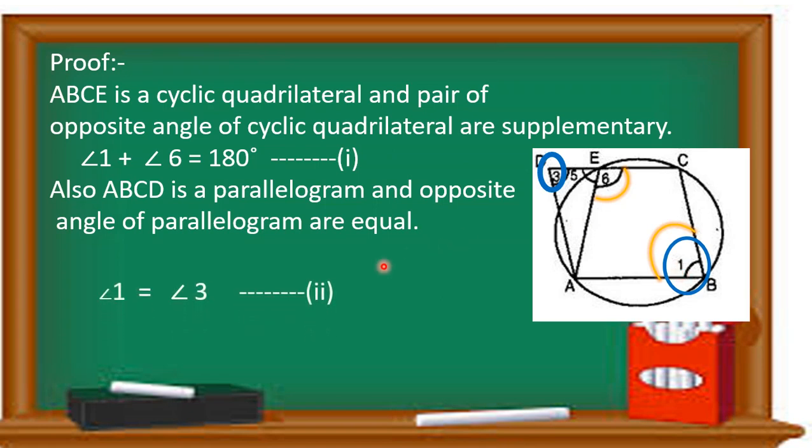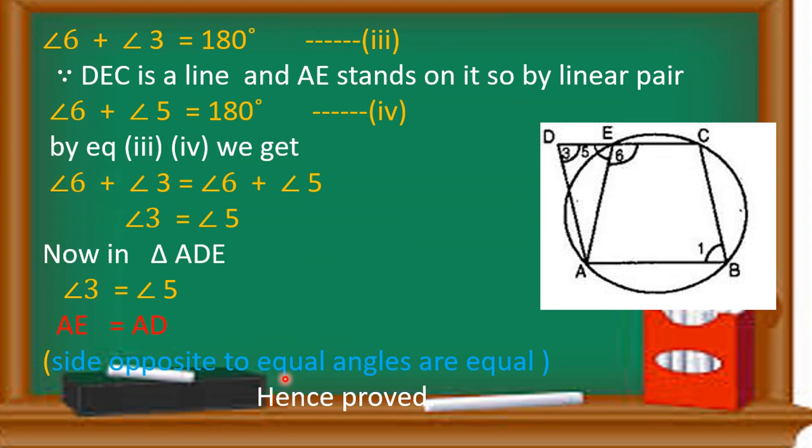Now we can put the value of angle 1 as angle 3 in equation number 1. So we get angle 3 plus angle 6 is equal to 180 degrees.